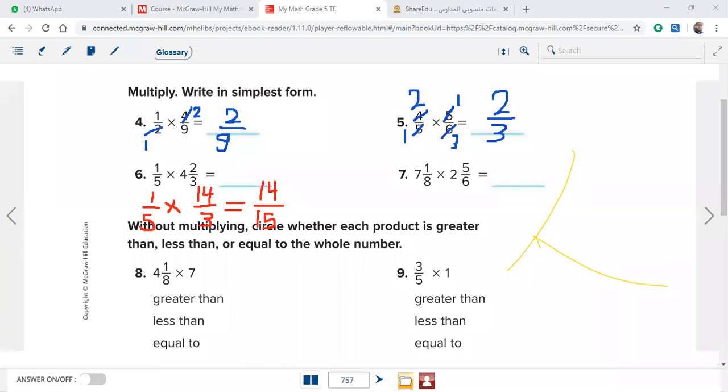Then multiply the numerators, 19 times 17, which equals 323, out of the denominators, 8 times 2 equals 16. So the answer will be 323 out of 16, which means 323 divided by 16.